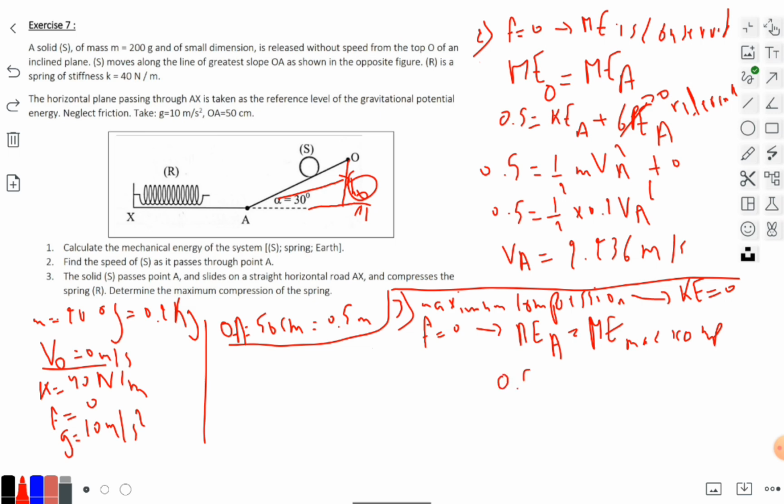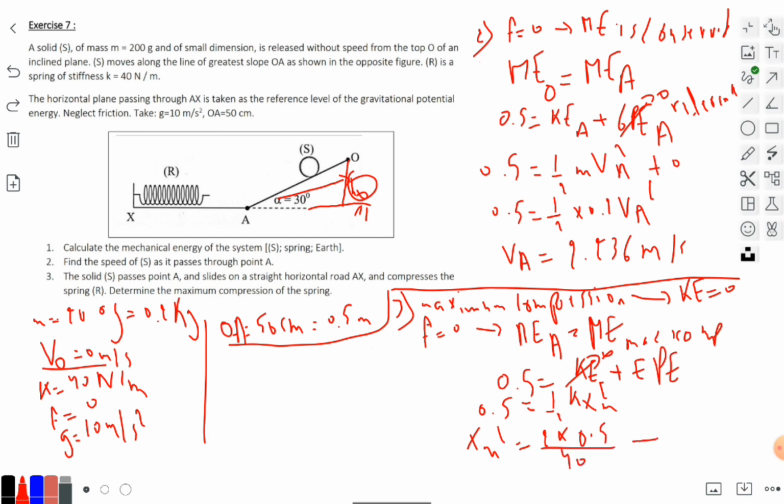So 0.5 is equal to kinetic energy plus EPE. Kinetic energy at maximum is equal to 0. So 0.5 equals half k x square. We obtain x max square equal to 2 times 0.5 over 40. K is 40. So x max is equal to 0.158 meter. We need a radical here on this quantity to obtain this value.